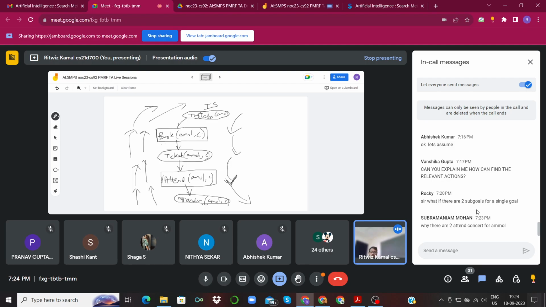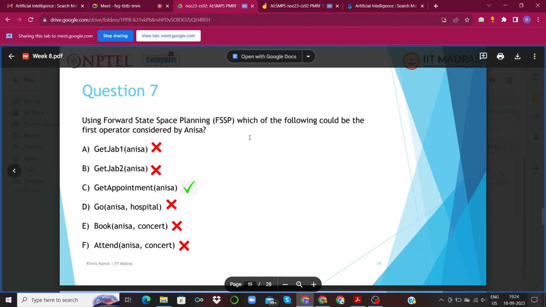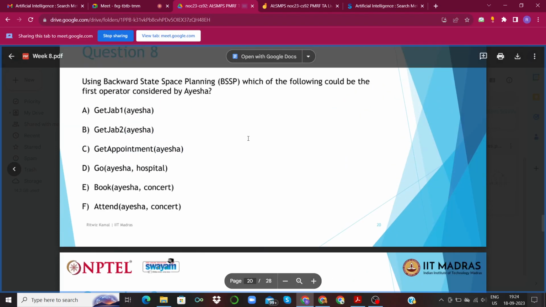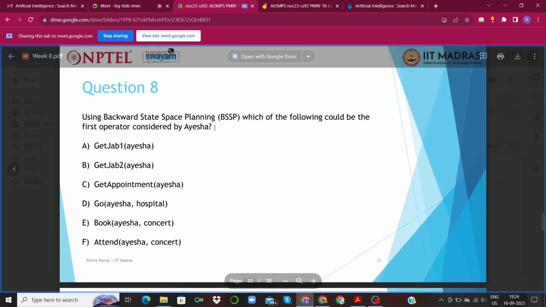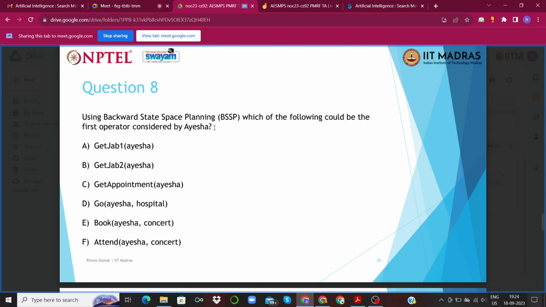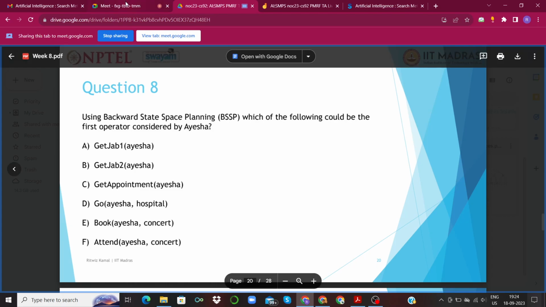Okay, so this is the intuition behind backward state space planning, and now let's have a look at the question. Using backward state space planning, which of the following could be the first operator considered by Aisha? It's a similar question to the last few questions we saw, but here we are dealing with backward state space planning, and here we have to look for relevant actions rather than applicable actions, given the goal state that we are trying to reach.